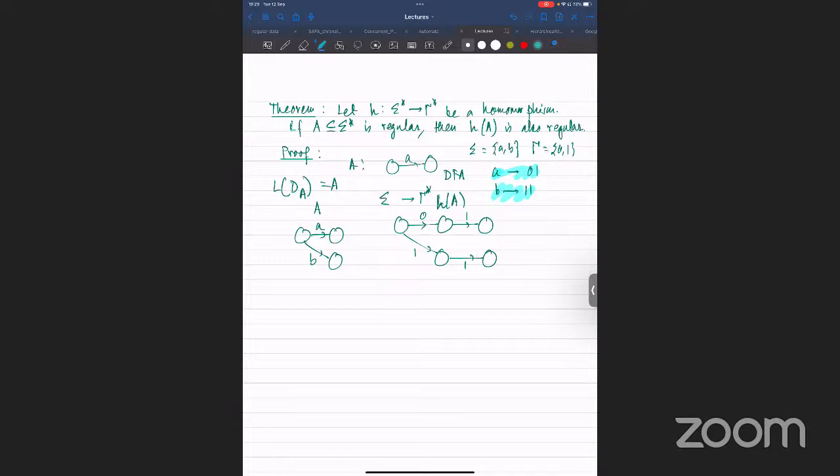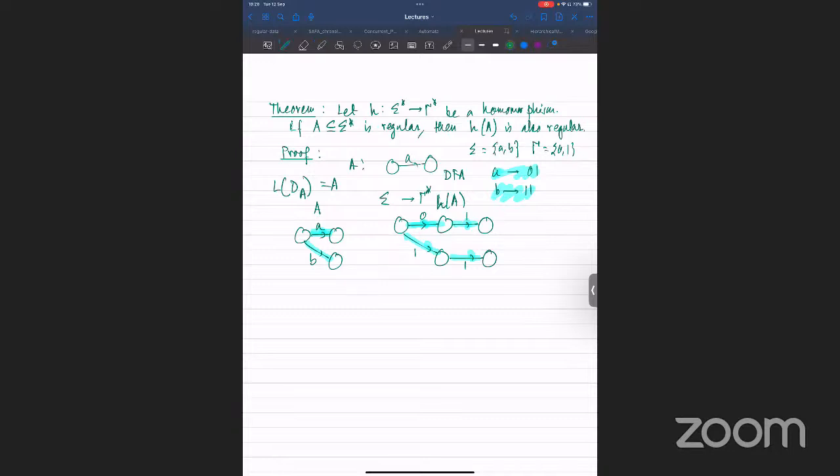On this side I'm constructing another finite state automaton that simulates this. So 0, 1 simulates the A here, and 1, 1 simulates the B here. What kind of finite state automaton are you getting here? Is it a DFA? An NFA?